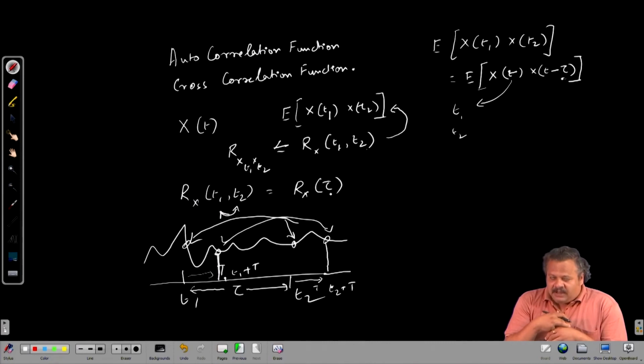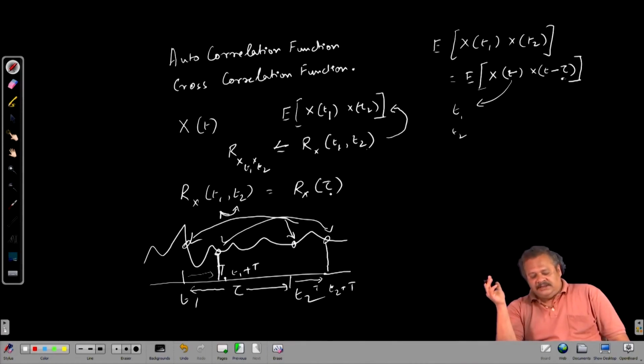There is a further assumption that can be used, which is suitable for our cases also, that we have a large amount of data. If we want to find out what this expectation is, we can do that by observing the random process over a long, or rather infinite, period of time. This expectation can be computed by doing a time average instead of an average of x t and x t minus tau's product over the probability density.